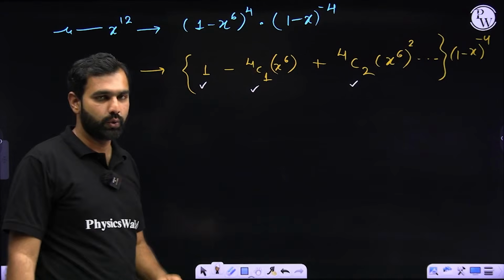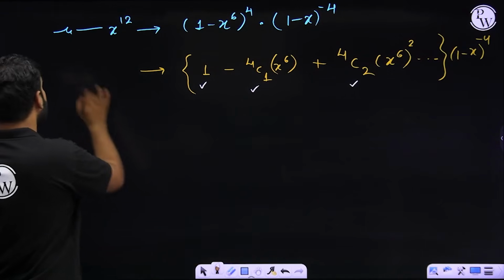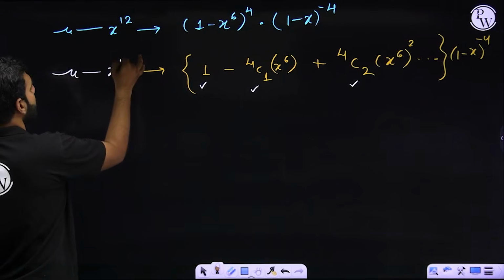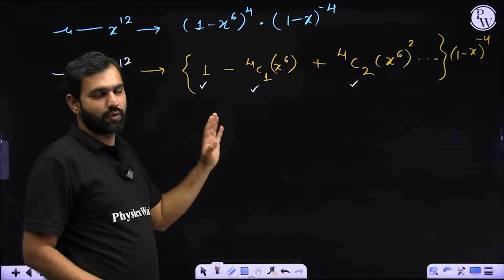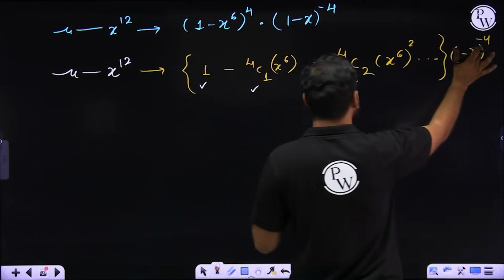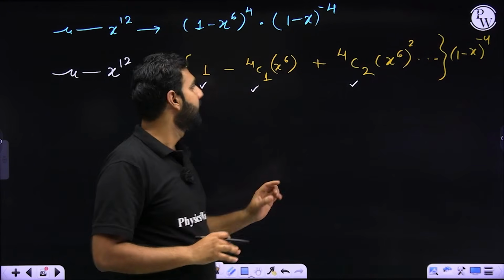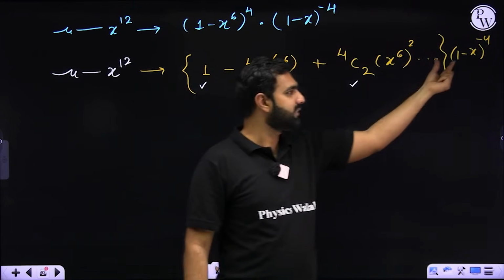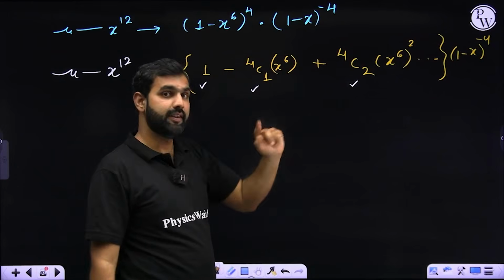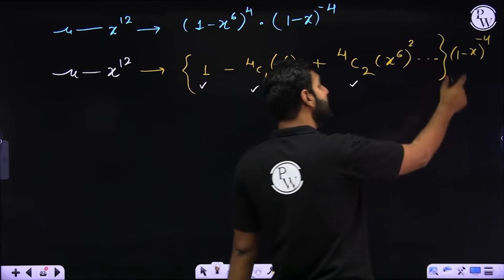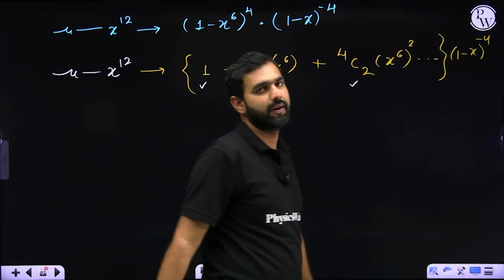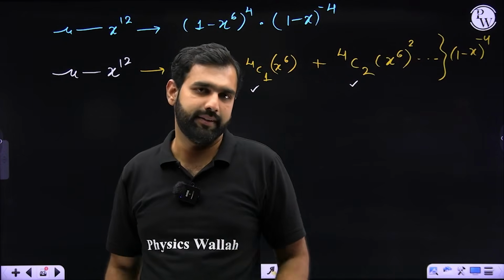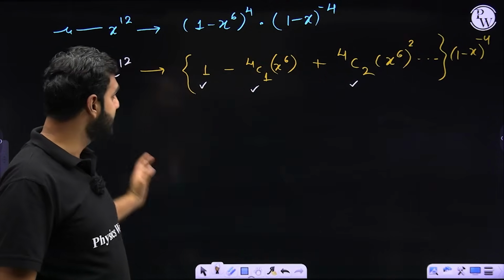All I need to do is be a little bit more cautious, because my job is finding the coefficient of x to the power 12 in this, because into 1 will be done. Then finding the coefficient of x to the power 6 into this, that will be the other coefficient. And then finding the coefficient of x to the power 0 into this, because this is already x to the power 12. Are you able to think like this? Are you able to create this scenario like this?